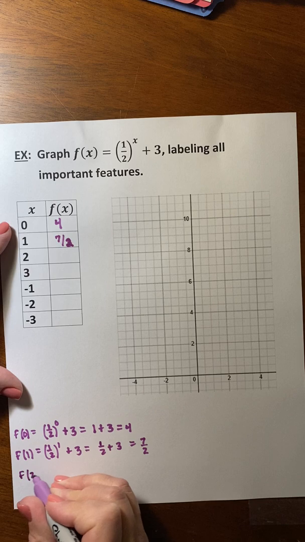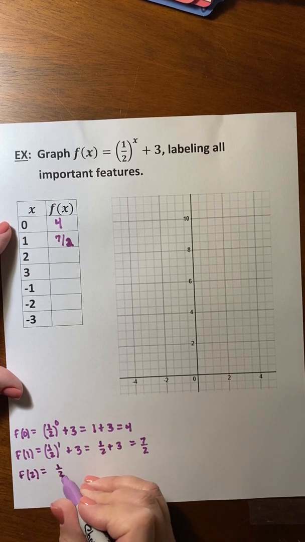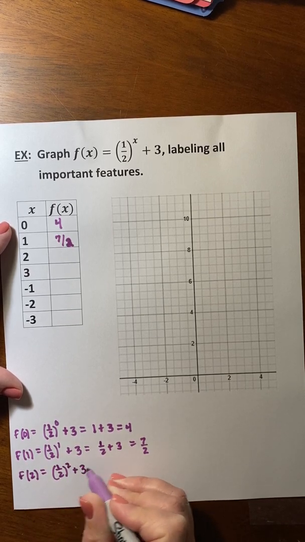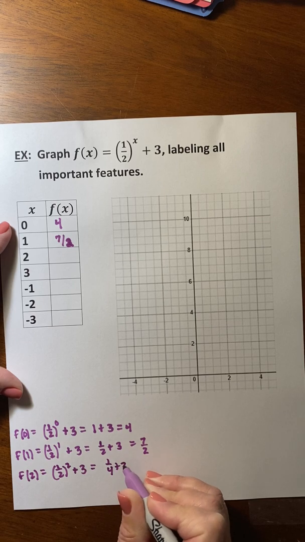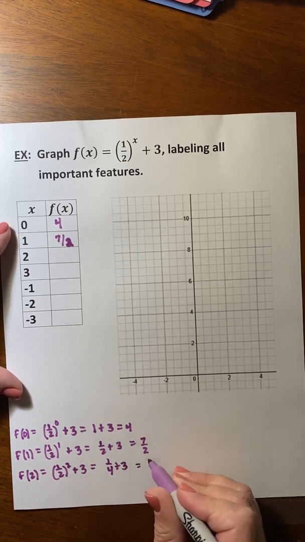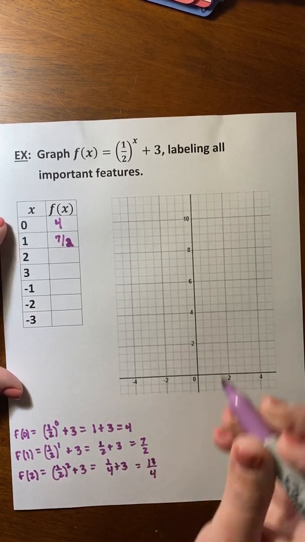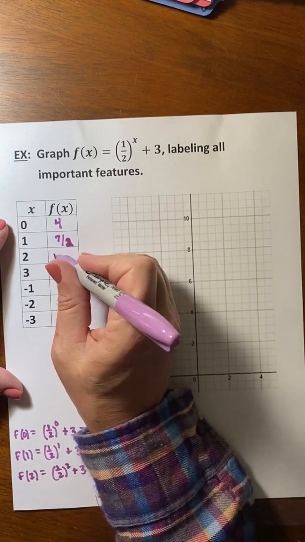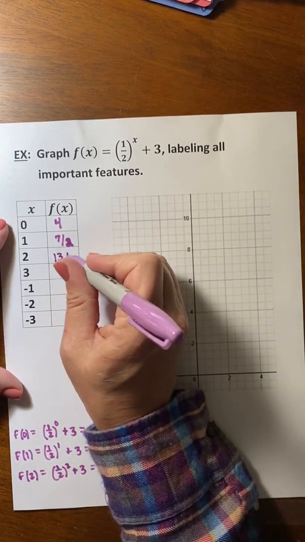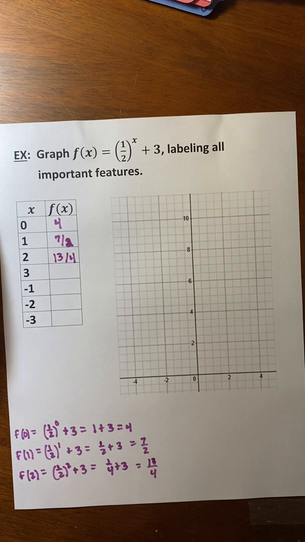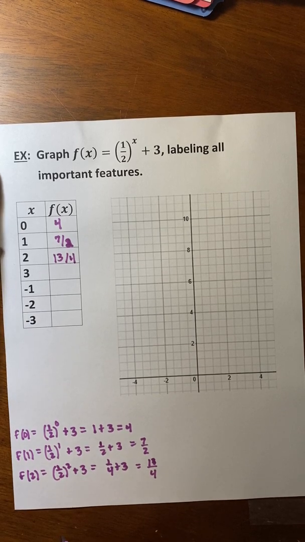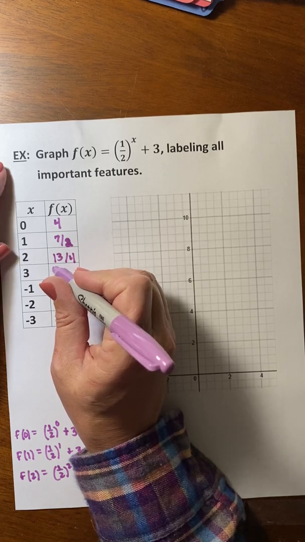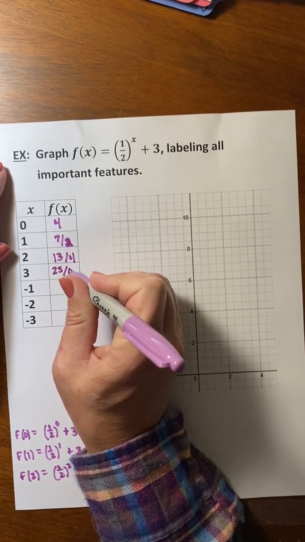At 2, we're going to be (1/2)^2 plus 3, which is 1/4 plus 3. We'll turn 3 into fourths, which is 12 fourths, which is 13 over 4. So it's 3 1/4. If I put 3 in, I'll let you do that. We're going to get 1/8 plus 3. Well, 1/8 plus 3 is 3 1/8, or 25 over 8.